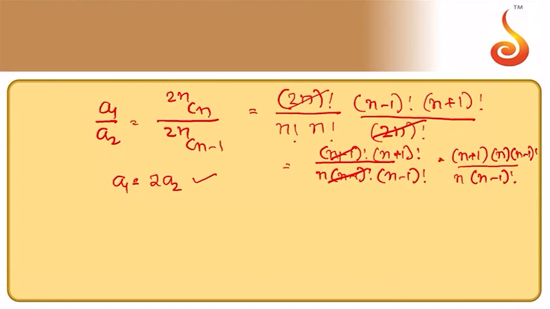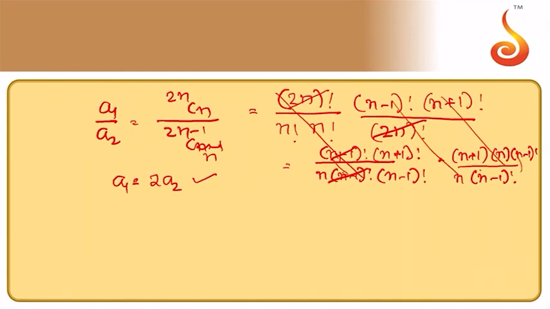So n minus 1 factorial will cancel, and this will be n plus 1 into n minus 1 factorial divided by n into n minus 1 factorial. So it is 2n minus 1. So 2n into 2n minus 1. Sorry, I have written it a little wrong. So 2n minus 1 C n minus 1.